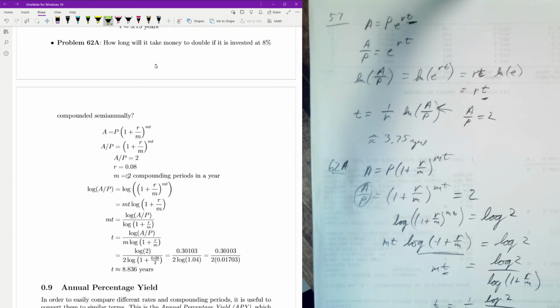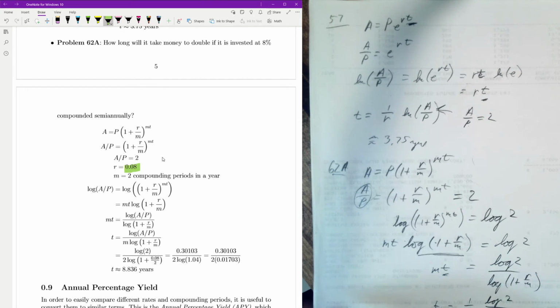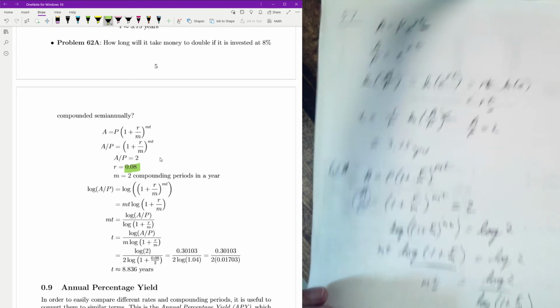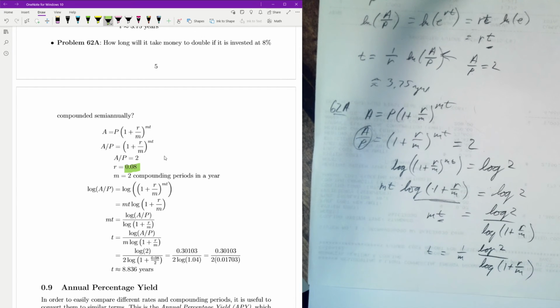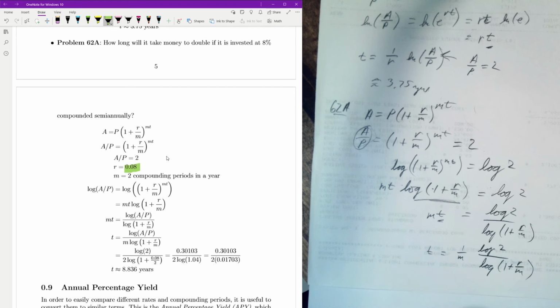The rate is 0.08, and that goes in for R. The compounding period is semi-annually, so there are 2 periods in a year, so M is equal to 2, and that goes here and here. We already have log of 2, so everything else is just a calculation.